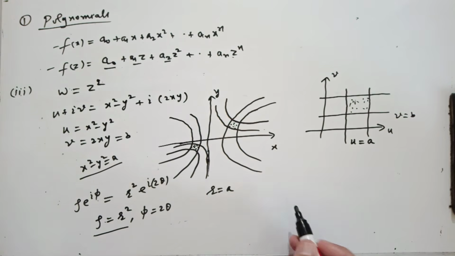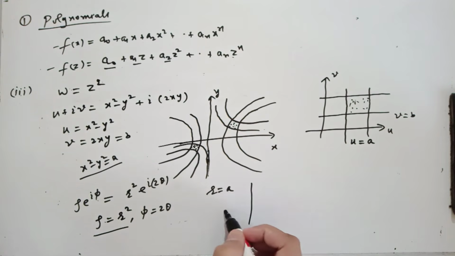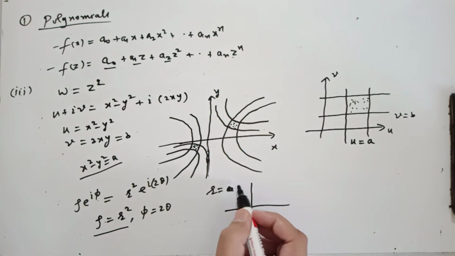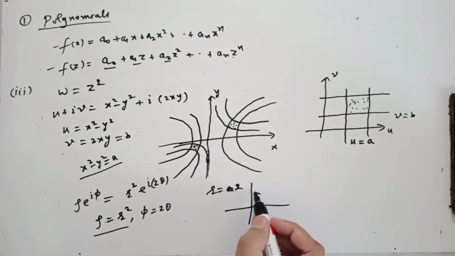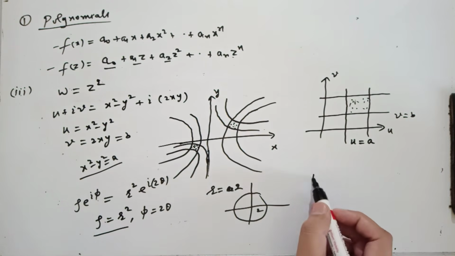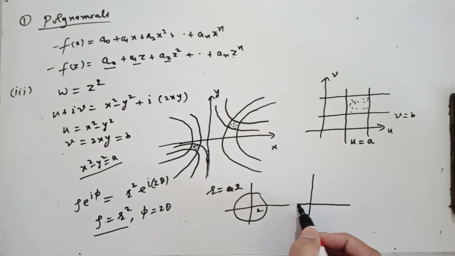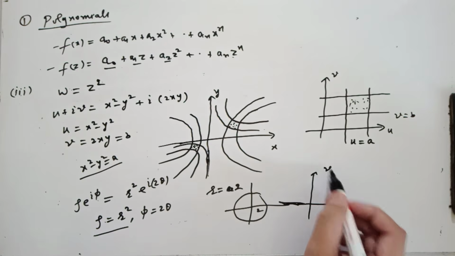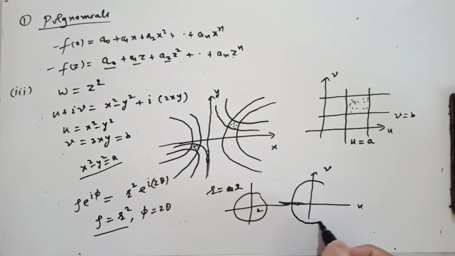What is r equal to constant in the xy plane? Say I choose r equal to 2. You know it's a circle centered at the origin of radius 2. So r equal to 2, what is the image under this mapping? r equal to 2 corresponds to rho equal to 4 in the UV plane. So the image of the circle is a circle again, but the radius is squared.